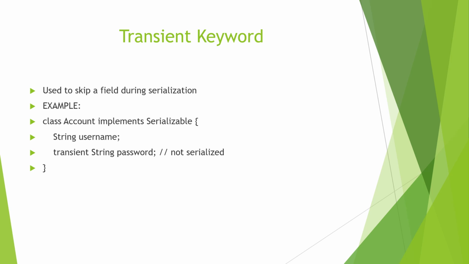Once this word is written into the program, then in the process of serialization everything will be converted except this particular password. So this is the usefulness of this transient keyword.